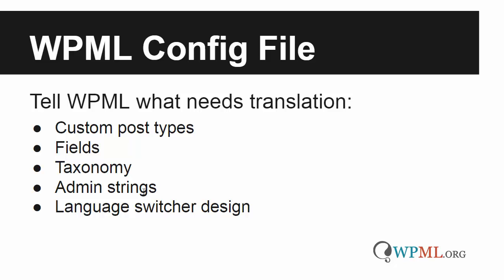Now, you don't want to make everything translatable. You only want to make the items that include text translatable. For instance, if you have a field for a price, that field shouldn't be translatable. But if you have a field for SEO title, this certainly needs to be translatable. The WPML configuration file is the place to include this information which tells WPML what needs to be translatable in the site.